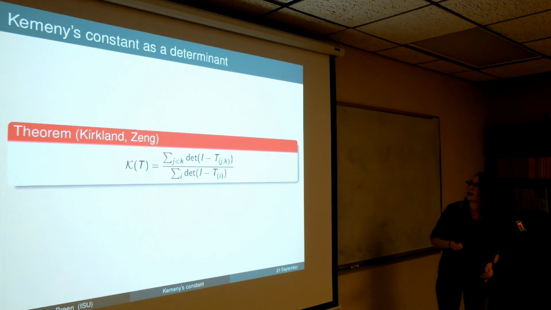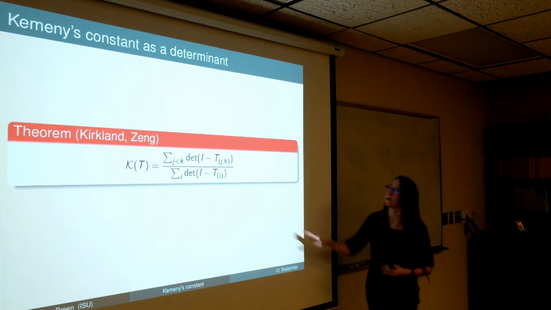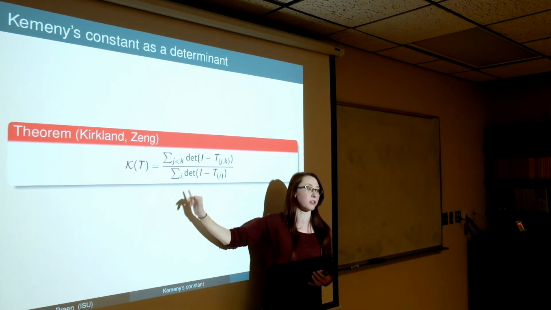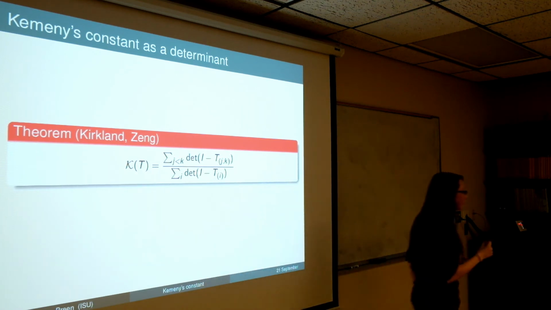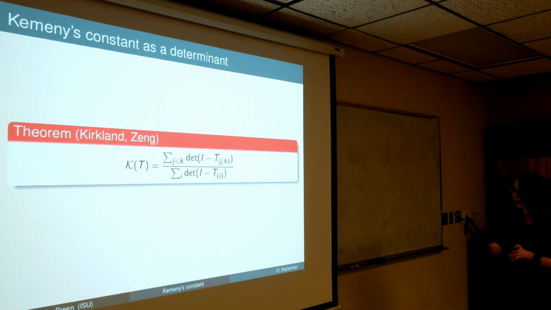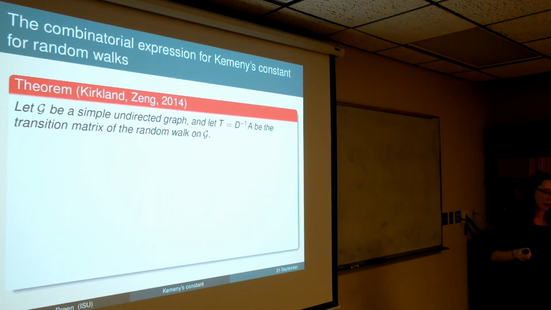But with that, and with this result here, where Kemeny's constant is written in terms of these determinants, using some stuff about the characteristic polynomial, what we get is a theorem that can give us Kemeny's constant in terms of a bunch of different types of spanning trees of the graph.